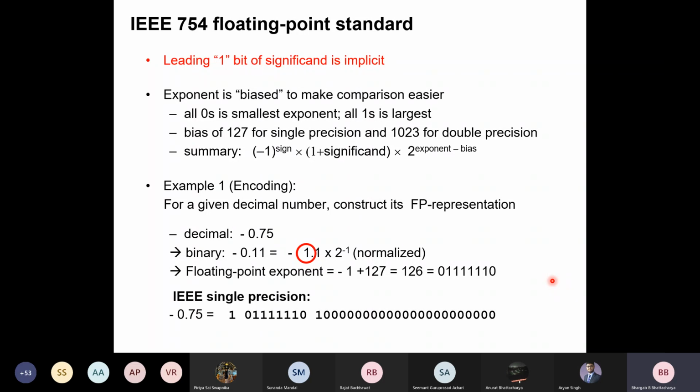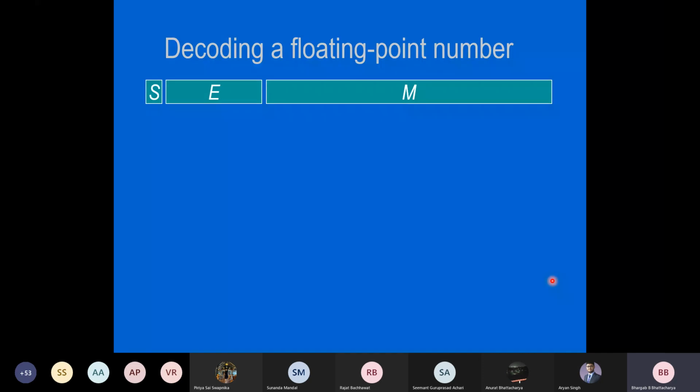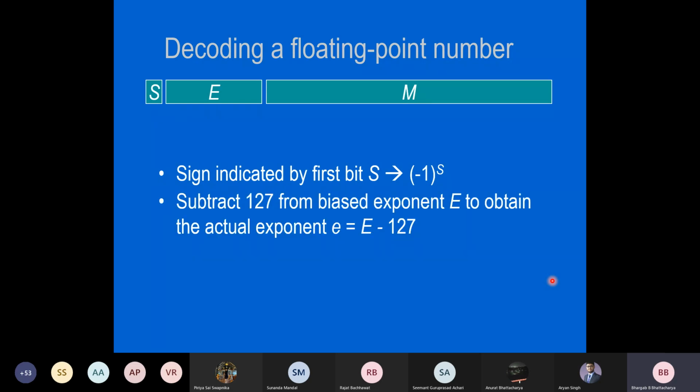So that's all about the floating point standard, and let us look into some more examples. Suppose I want to decode a floating point number. From the sign bit, I can determine the sign immediately. Whatever exponent I have, I subtract 127 to get the actual exponent e, and it will be 2 to the power e.